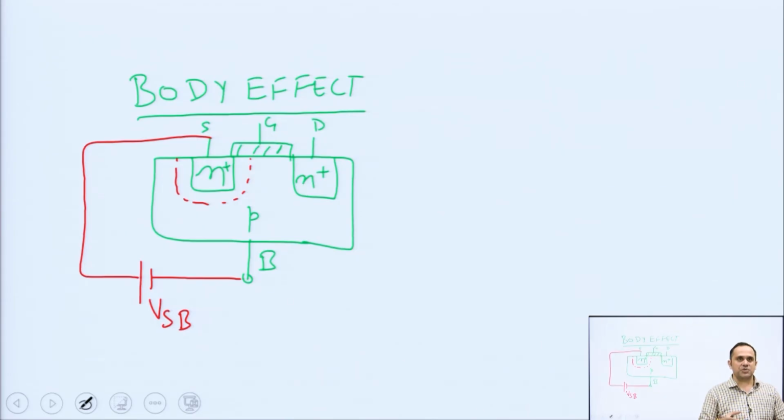This is analogous to increasing the threshold voltage. How? Because now for the same amount of current, you will have to apply a higher voltage at the gate. If VSB was 0, with source and body shorted together, you would simply apply the threshold at the gate and produce current. In this case, you will have to apply a higher voltage for the same level of current.